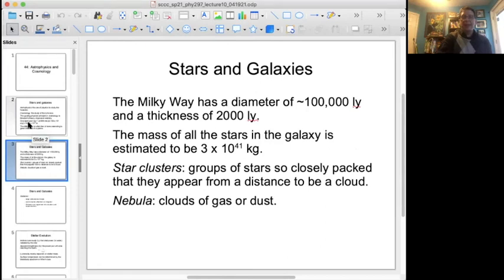So the Milky Way has a diameter of 100,000 light years and a thickness of only 2,000 light years. Obviously, 2,000 light years is not nothing, but it's tiny compared to the diameter of the Milky Way. So you can approximate the Milky Way as being two-dimensional fairly accurately. The mass of all the stars in the galaxy is estimated to be 3 times 10 to the 41 kilograms, about 10 to the 11 solar masses.